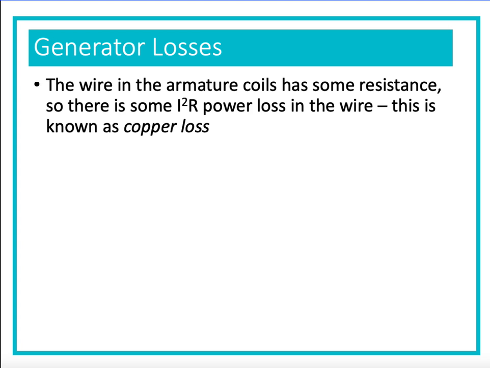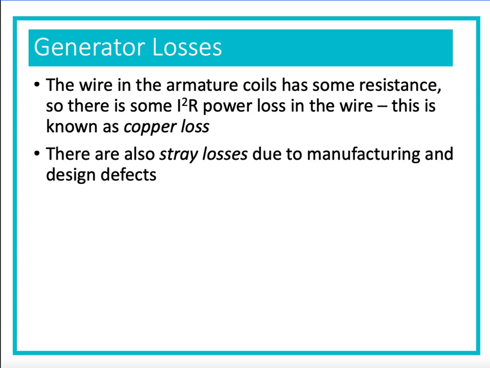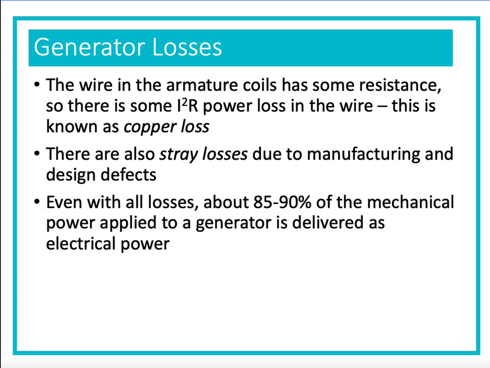And we call that copper loss because, in general, of course, the windings are made of copper. There are some stray losses also due to manufacturing and design defects, and all of these together really still allow about 85 to 90% of the mechanical power applied to a generator to be delivered as actual electrical power.